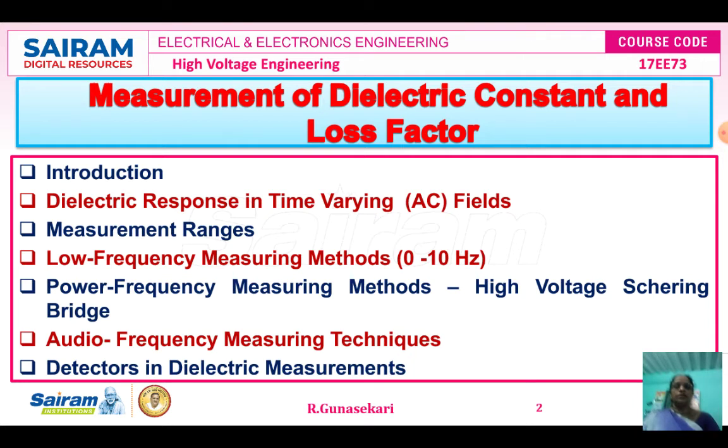In power frequency measuring methods, there is the high voltage Schering bridge, which is subdivided into three types, then audio frequency measuring techniques and detectors in dielectric measurements. In this lecture video, we only study the introduction and dielectric response in time varying AC field.